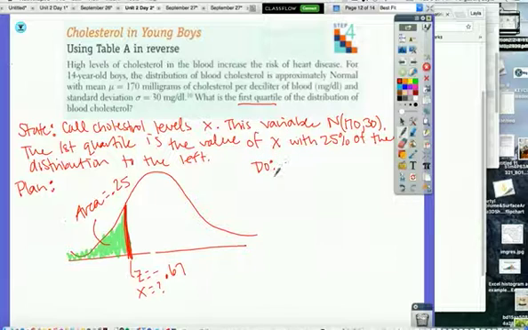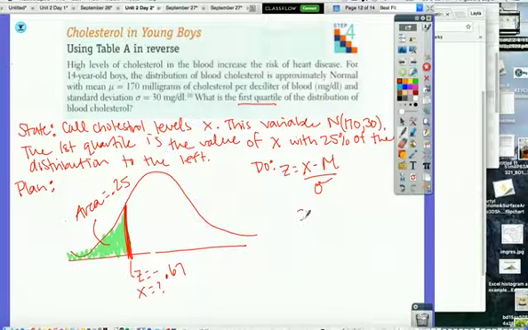So for the do, the first thing we would do, because we already have the area under the table, is we know that z is negative 0.67. What we need is our x. We already have our z-score, so we would go backwards from what we would typically do. Typically to get our z, we would say x minus the mean over the standard deviation.